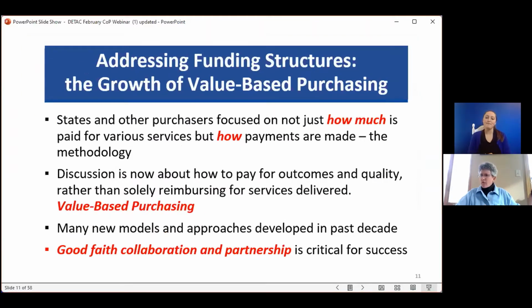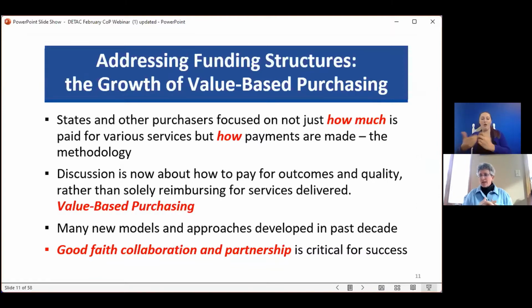So the whole focus on how do we use our existing money more wisely has led to discussions among states and managed care organizations about not just how much they are paying for services, but also how those payments are being made, more about the methodology for the payments as opposed to the amount of money being paid.